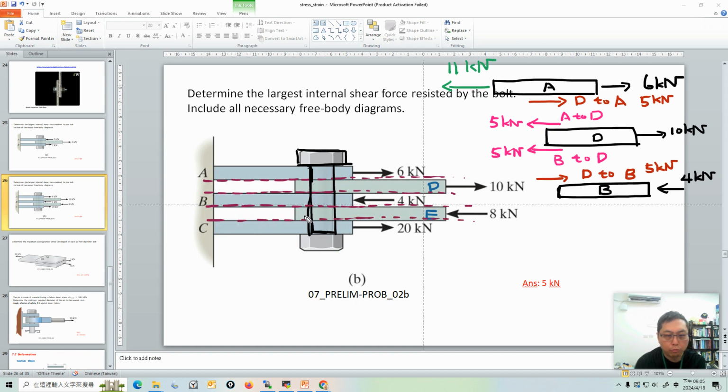Because B contacts E, we have to consider a shear force exerted from E on B. So right now it's not the right time to draw the free body diagram of B. I think we have to draw the free body diagram on E first.